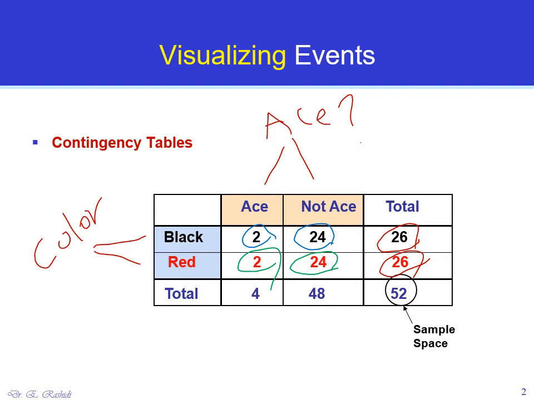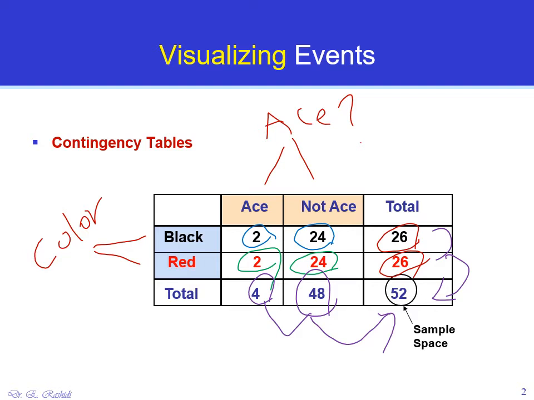That would add up to a total of 4 ace cards and 48 non-ace cards, which still would add up to 52. So if you visualize your data, your event, it's going to be easier to find the probability.